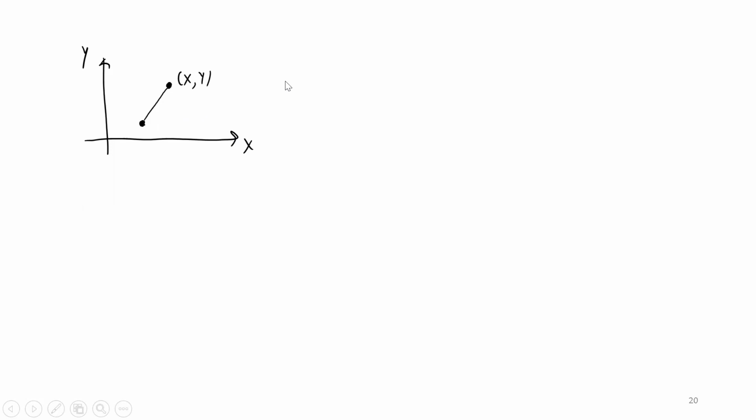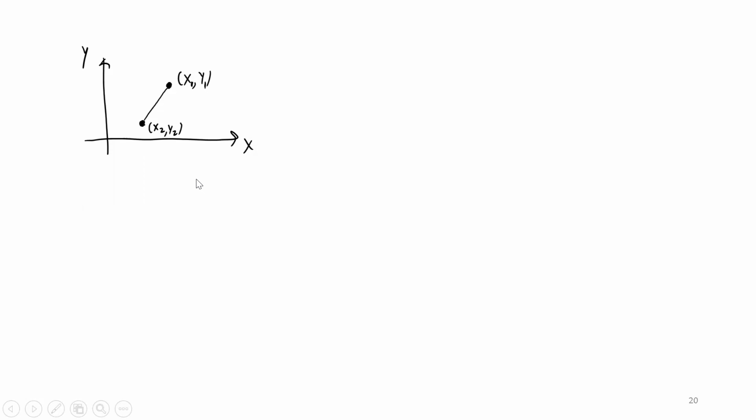You can still use the Cartesian coordinates for the two particles individually: x1, y1 and x2, y2. If you tell me the x1, y1 values and the x2, y2 values, then I can completely describe the motion or the state of this system of two particles.